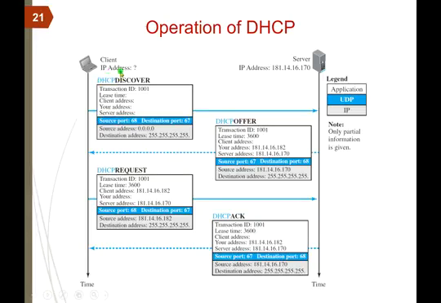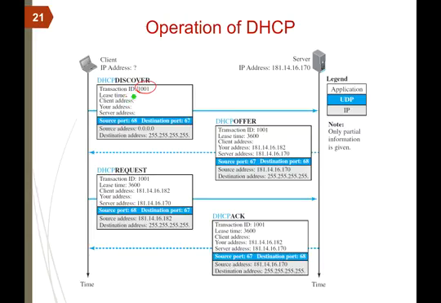So first, when you boot your computer or your computer is connected to a network or a Wi-Fi router, it will send a DHCP discover packet. In that, you will have a transaction ID, as we said. Lease time: there is no lease time because the server will do this.